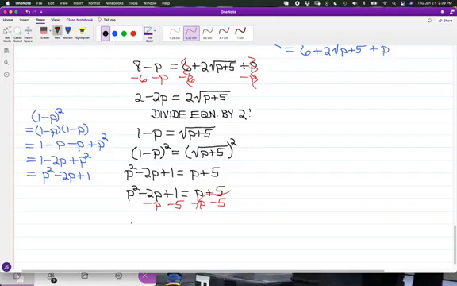So we have p squared minus 3p minus 4 is equal to 0.